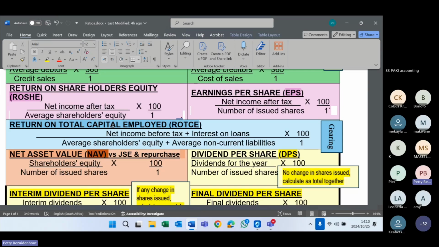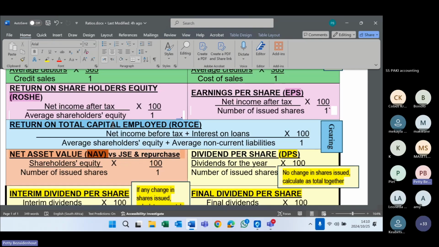Are we utilizing the loans that we've borrowed positively or negatively? I know that some of the textbooks go for higher gearing and lower gearing, but you'll see the marking guidelines prefer positive or negative gearing.